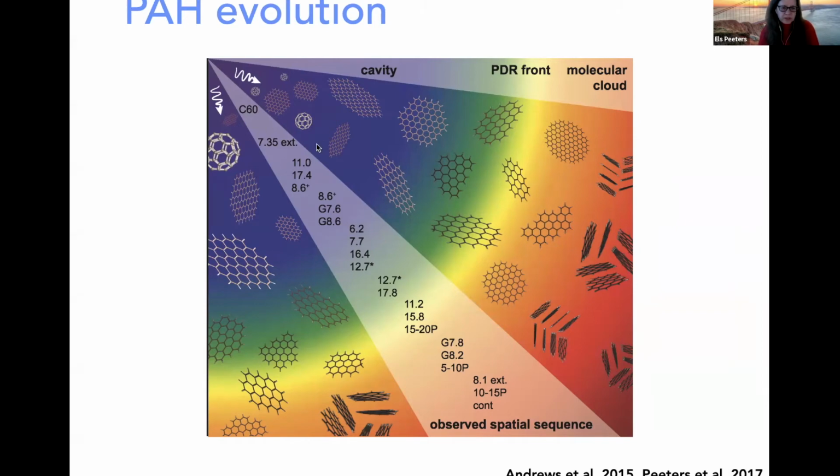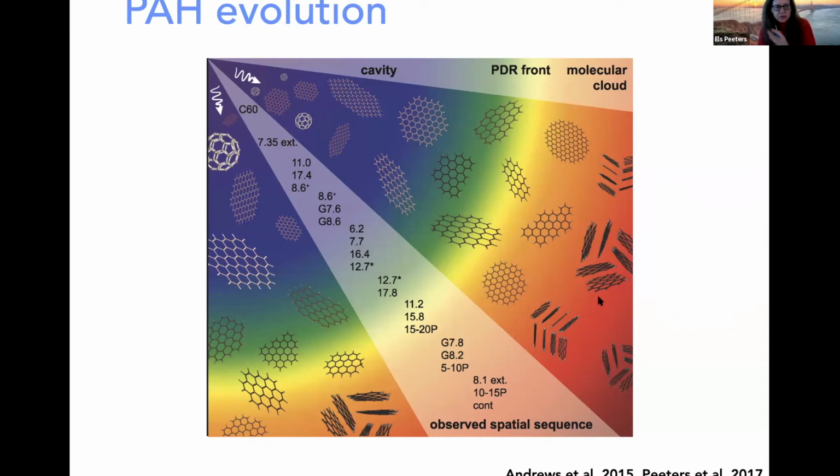I already mentioned that if the radiation field is hard, you destroy the smallest ones, but also if the radiation field is very strong, for the larger molecules that are able to survive, you strip them of the hydrogen atoms, and then basically they start to curl up and form a cage, and eventually they're going to form the most stable cage, which is fullerenes.